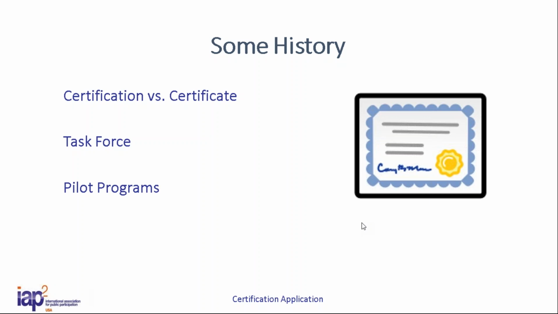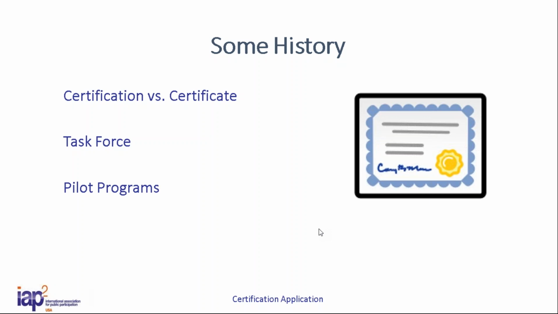So the concept has been kicked around for a number of years, and then with the blessings of the IAP2 Federation, IAP2 USA took the lead on developing a program for the organization with a goal of hoping that we would develop something that our fellow affiliates would be able to adapt or adopt as they see fit.